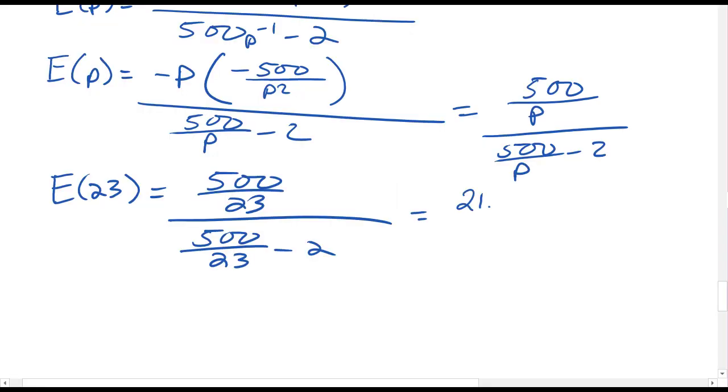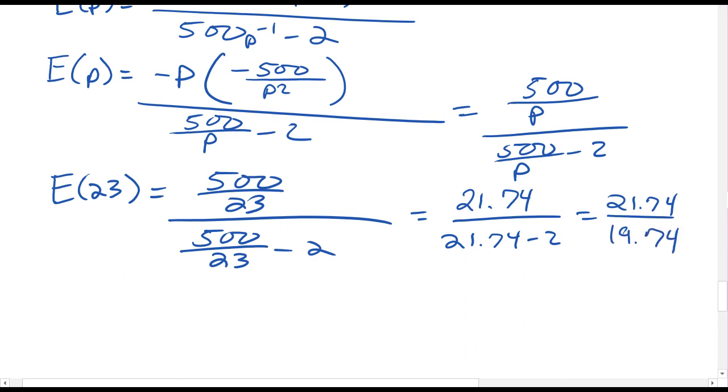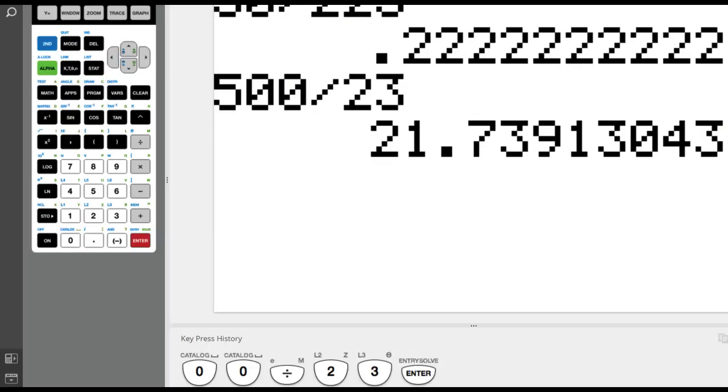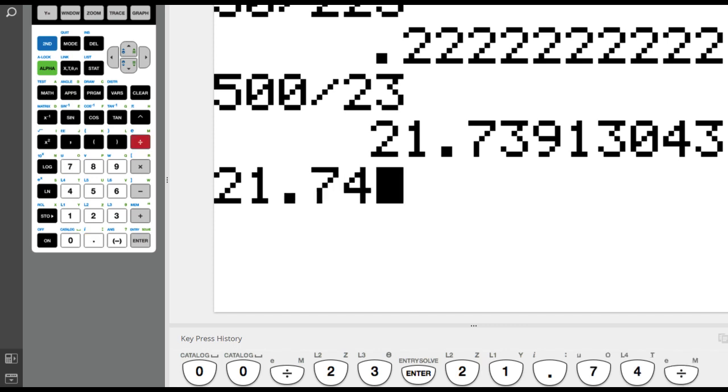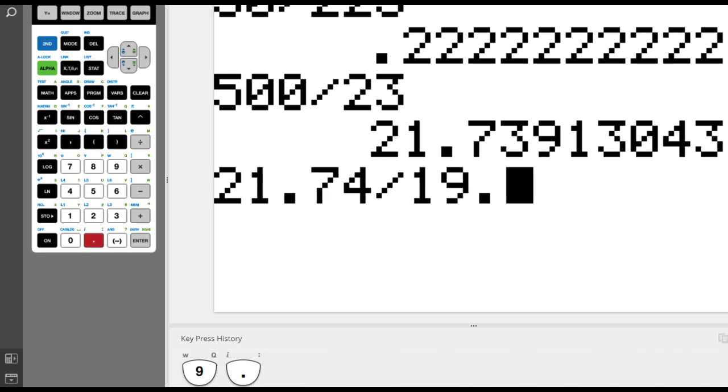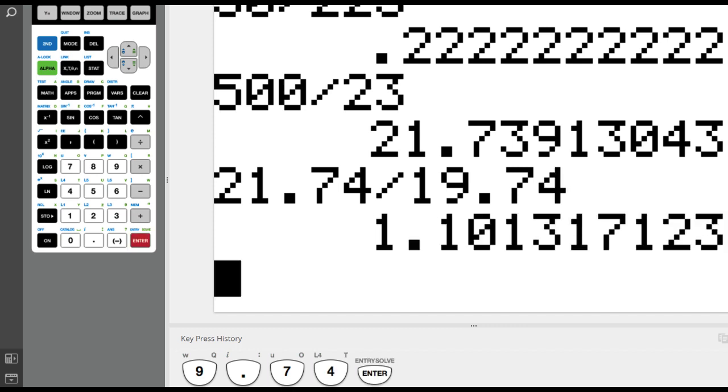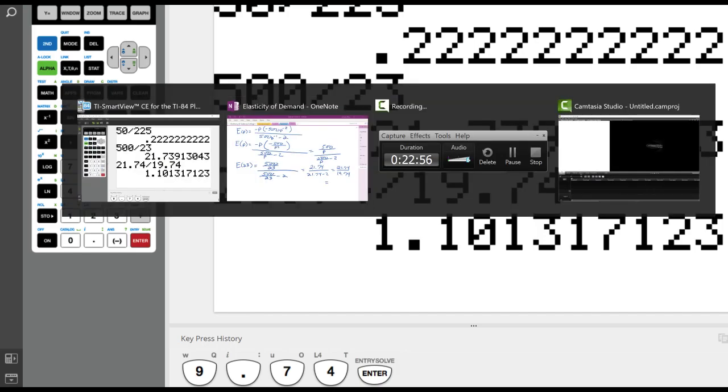So we're going to have 21.74 over 21.74 minus 2, which gives us 21.74 over, let's say, 19.74. And then that is going to give us 1.10 if we go to 2 decimal places.